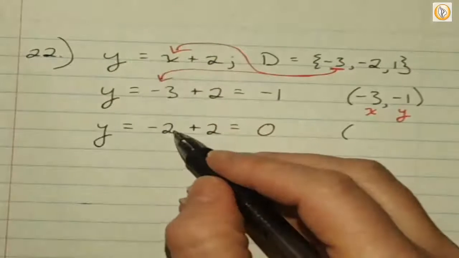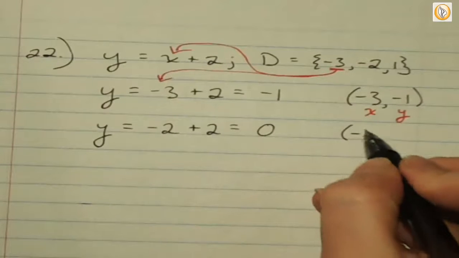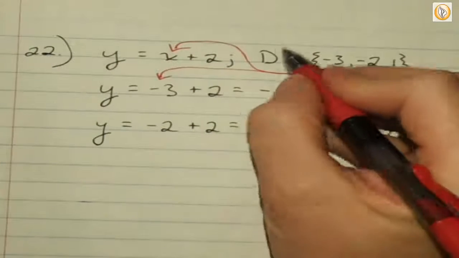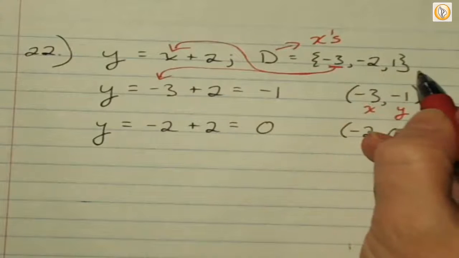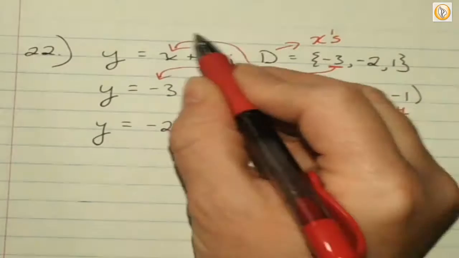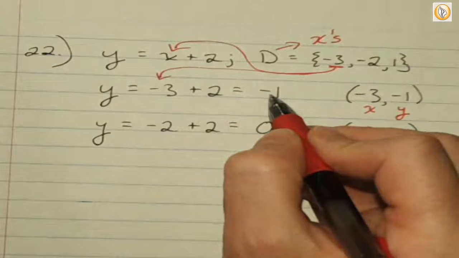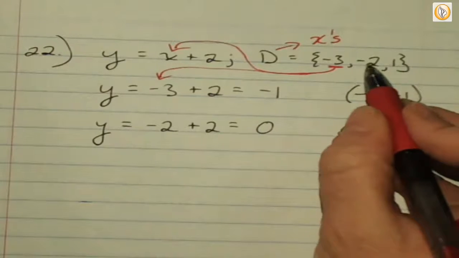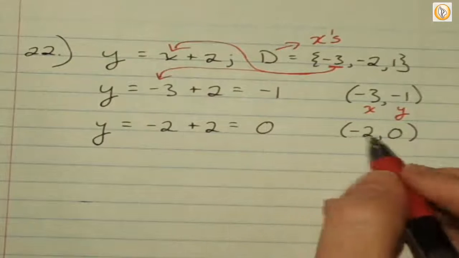You replace the x with -2, so -2, comma, 0. These are your x's, right? This is the equation they gave us. So we're going to take one at a time and replace the x with that number. Solve it, and we get -1. So -3 and -1. This time we did -2. Replace the x with -2. So -2, you solved it, 0.